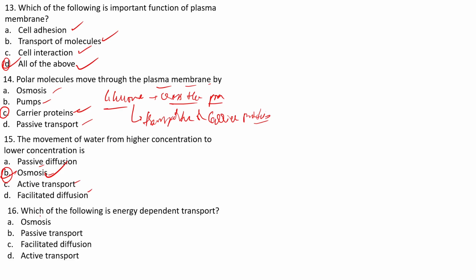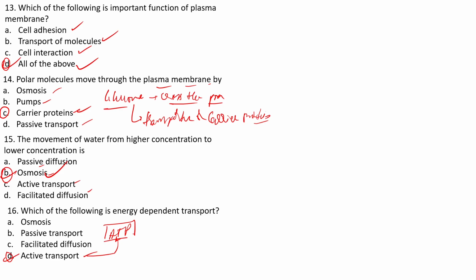The next one. Which of the following is energy dependent transport? Osmosis, passive transport, facilitated diffusion, or active transport. The answer is D, active transport, because it mainly requires ATP, the energy required for transportation of molecules.